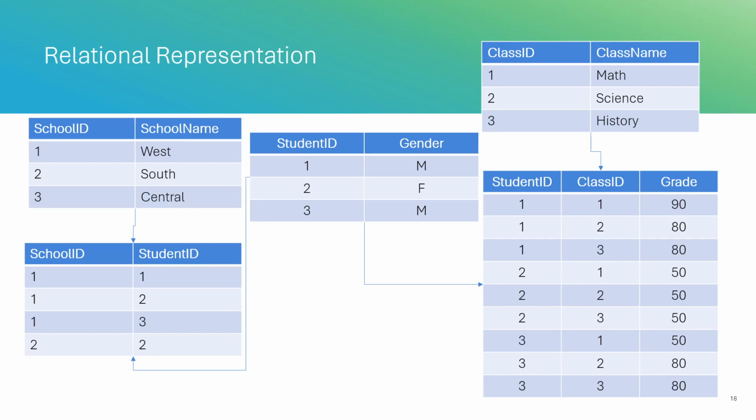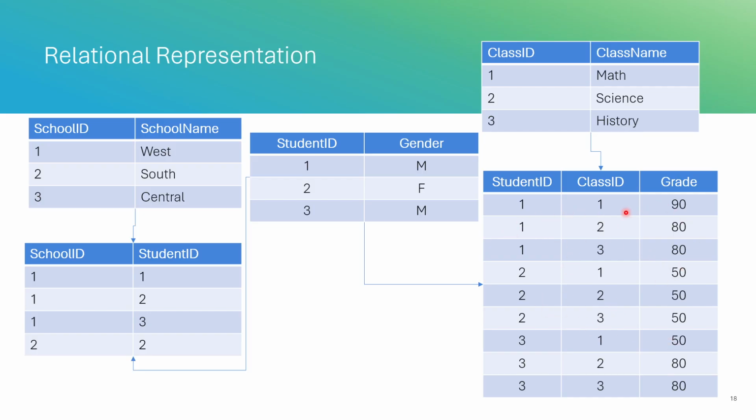For example, here we have the different schools, and then we can assign students to the schools, and we can have particular data about the students, and then we can have classes in a different representation, and now we have that long format table.